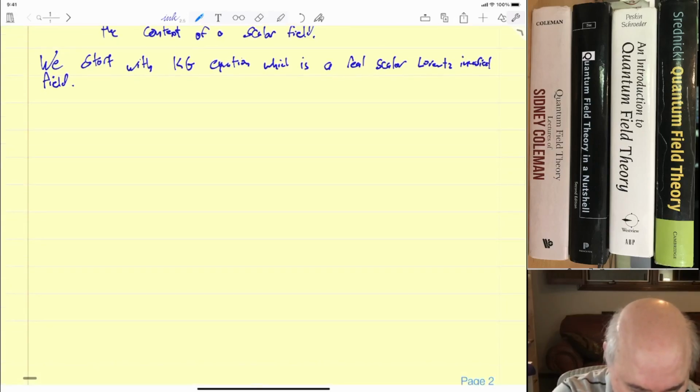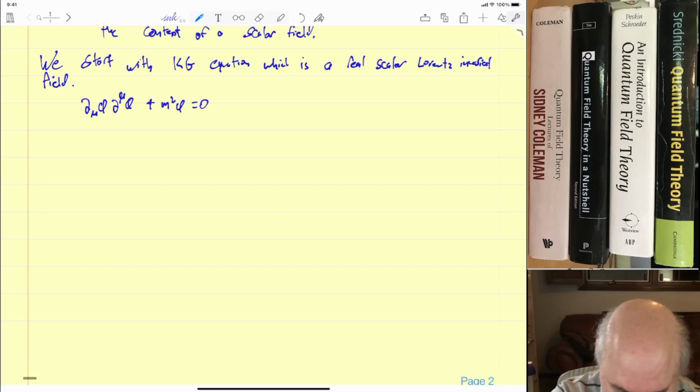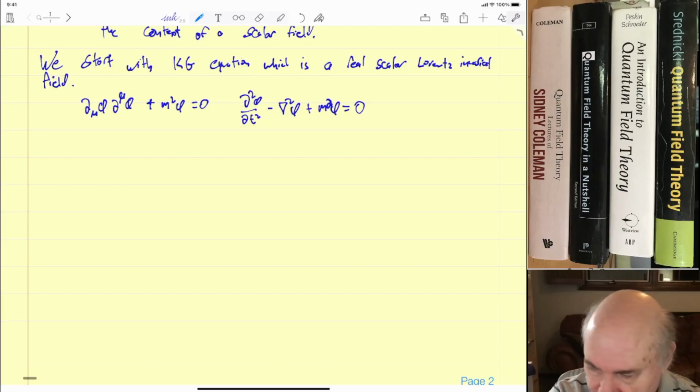So the Klein-Gordon equation is just, and I'm going to work in the Bjorken and Drell metric in this lecture. So the time component is positive in Minkowski space.